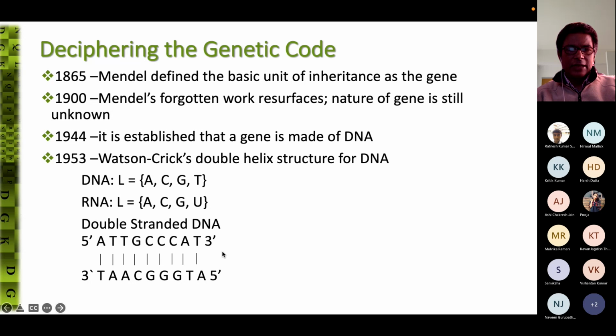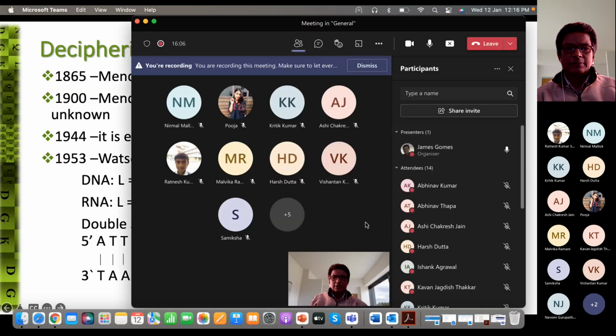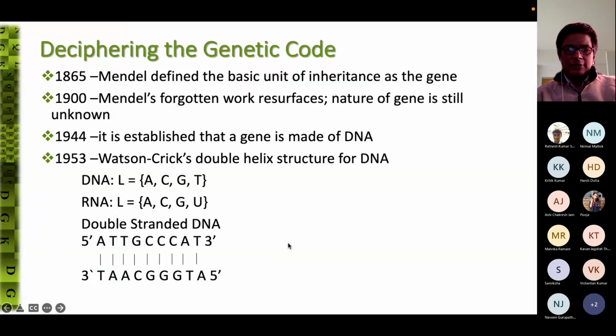And we know that the double strand looks in the order of this kind, where we have a 5' to 3', and the reverse on the other strand, 3' to 5'. You can see that they will be bonded, and some of them will have 3 bonds, and some of them will have 2 bonds, right? Which have 3 bonds and which have 2 bonds? GC would have 3 bonds and AT would have 2. Correct. So we know that now.